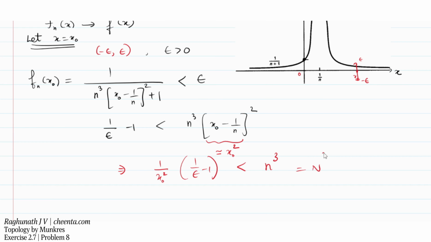Let us say that value is capital N cube. Now I can say that fn of x naught belongs to minus epsilon to epsilon, or the open ball around f of x naught, for all n greater than or equal to capital N. Right?